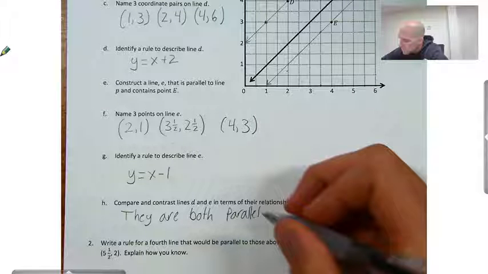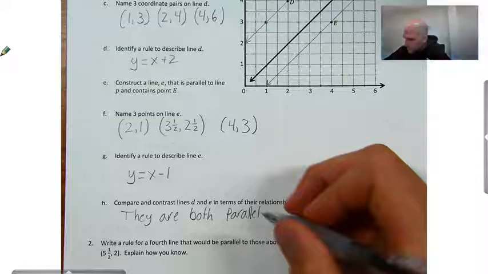And then corresponding values on line D are, let's say, +2.